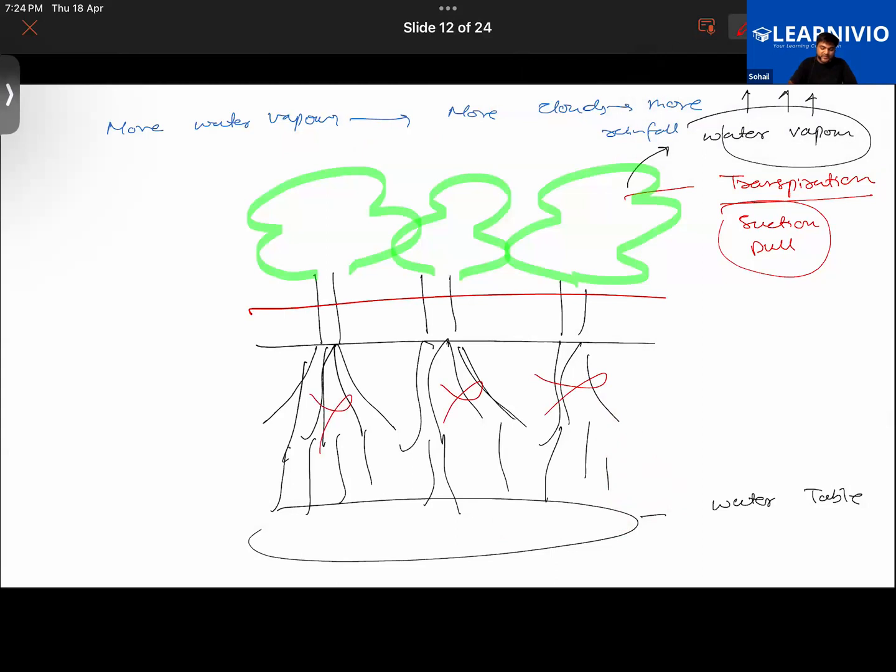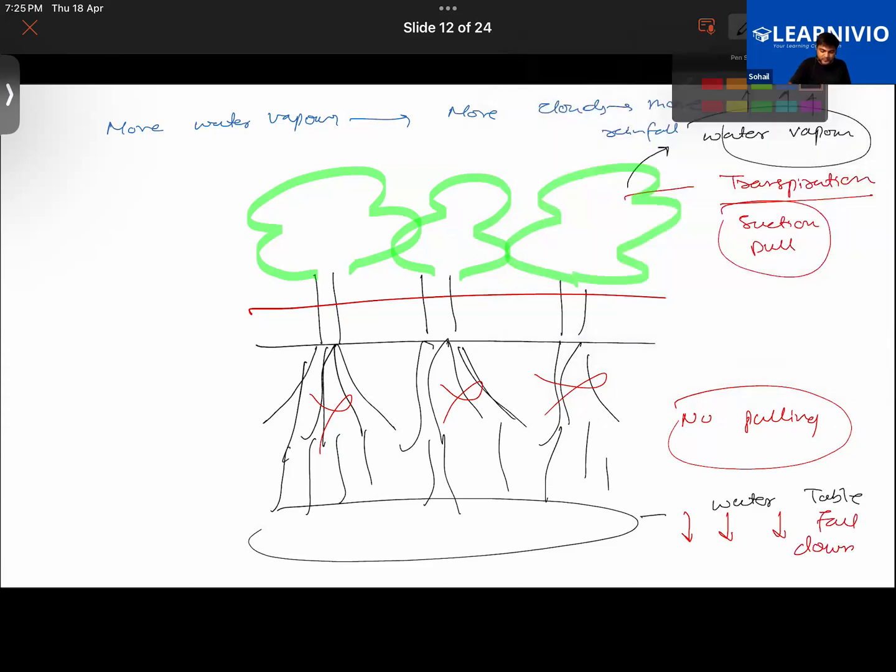So no pulling will happen, and the water is no longer being pulled in the upward direction. Getting it now? So the water table level will also start to fall down. Hope it is clear and both of you have understood.